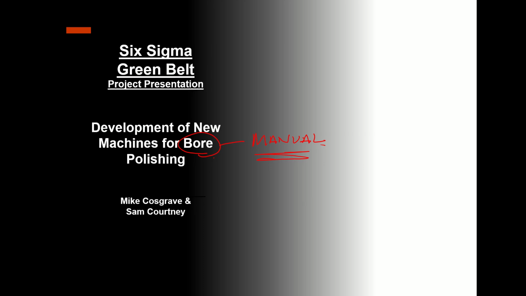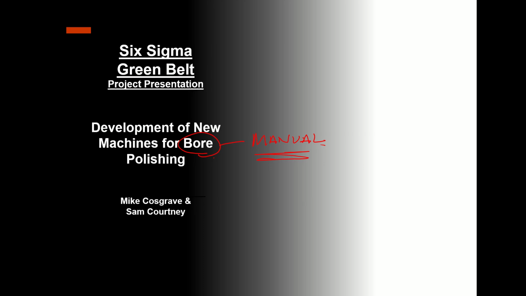It's quite hard on the operator. The operators are getting problems with their hands and their shoulders doing this. So we want to put a machine in place and hopefully get a nice consistent performance, but also make it faster, make more money, and take away the physical aspect of the task.